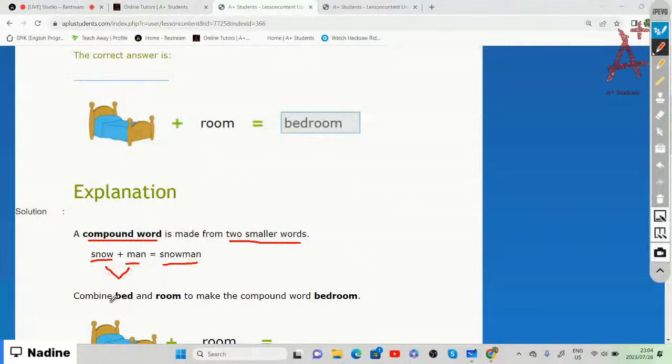For example, let's say spider plus man is Spider-Man. That is just an example of another compound word. It is where you have two small words that you combine together in order to make a compound word. It's the same with snow plus man, which equals snowman.